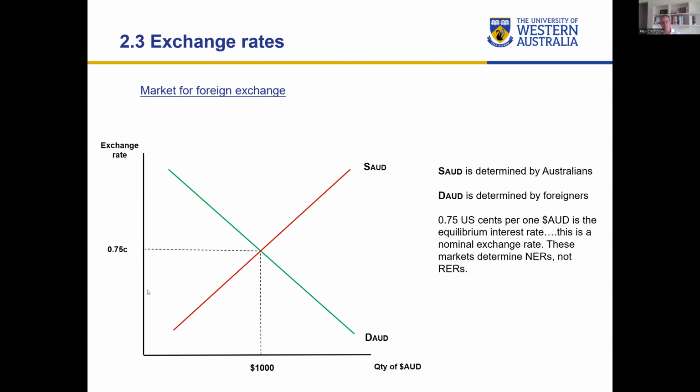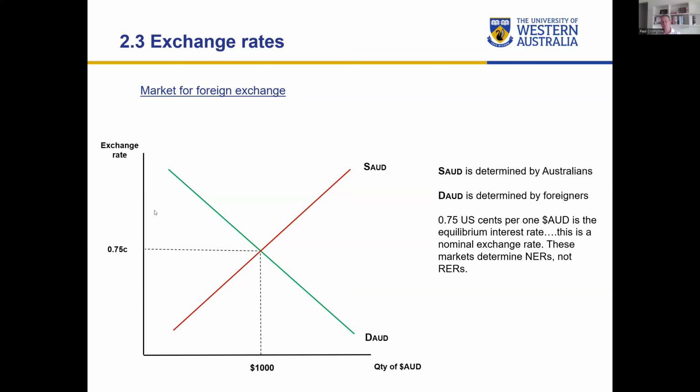And so therefore, as the Australian dollar appreciates, what that means is foreign currencies become cheaper for you to buy. You might have to convince yourself of that. Take a minute and convince yourself. But as the Australian dollar appreciates, as we move up this vertical axis, that means the Australian dollar is becoming more valuable relative to foreign currencies.